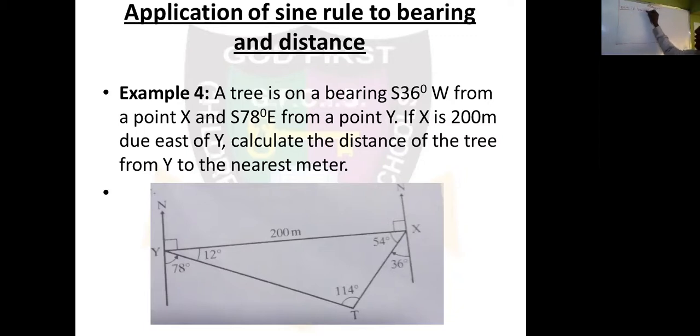A tree is on a bearing south 36 degrees west from a point X and south 78 degree east from a point Y. If X is 200 meter due east of Y, calculate the distance of the tree from Y to the nearest meter. All right, going to the board for interpretation.